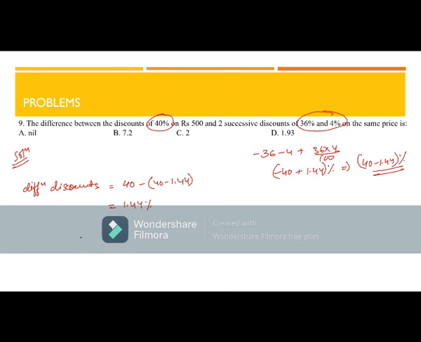So we have to find difference in the discount, that is the percentage difference in the discount. So difference in the discount equal to 1.44% of 500, which is 7.2 rupees. So answer of question number 9 is 7.2 rupees.